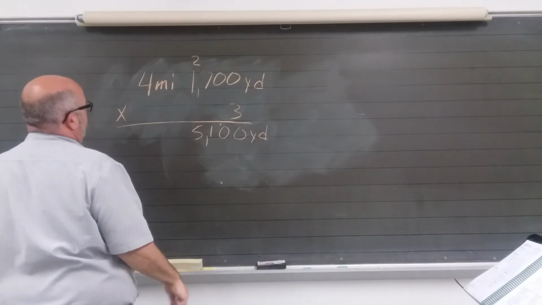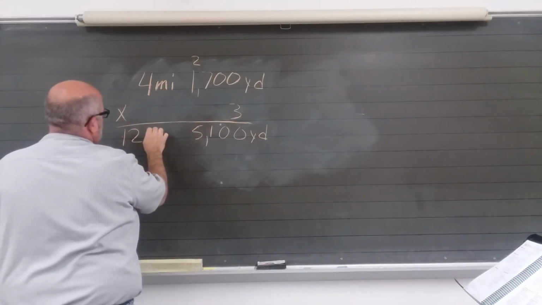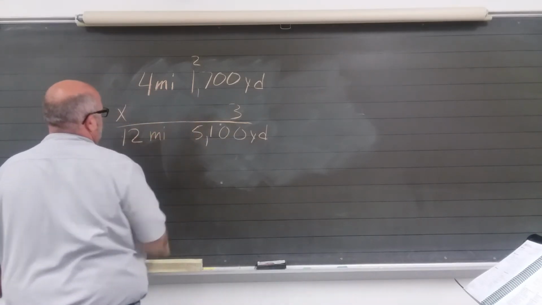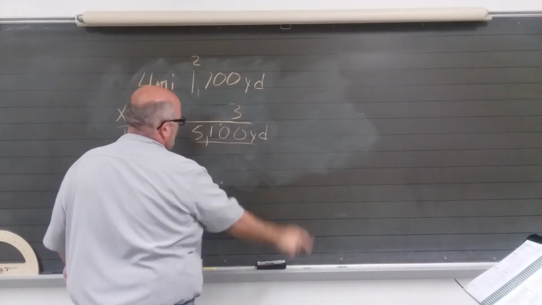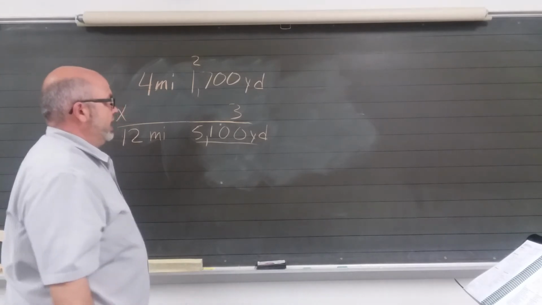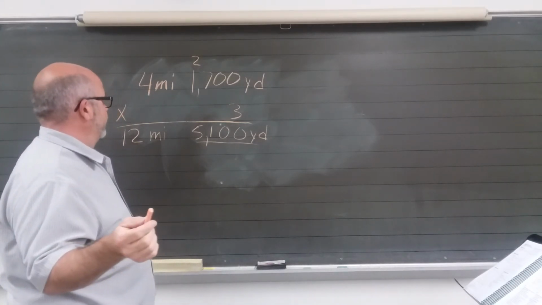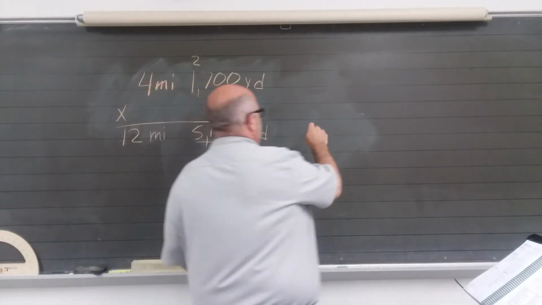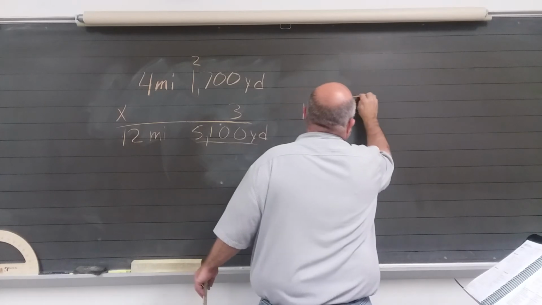3 times 4 is 12 miles. Now you divide the small one, you divide yards by how many yards in a mile. There are 1,760. Oh, I hate 4-digit divisors.